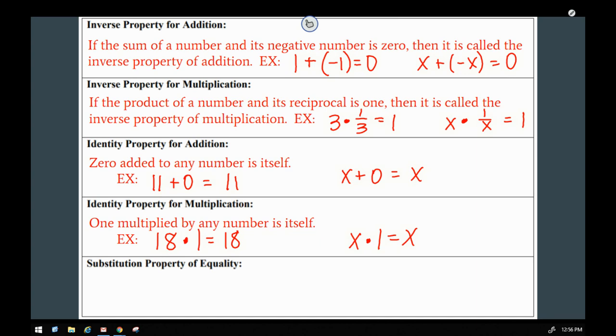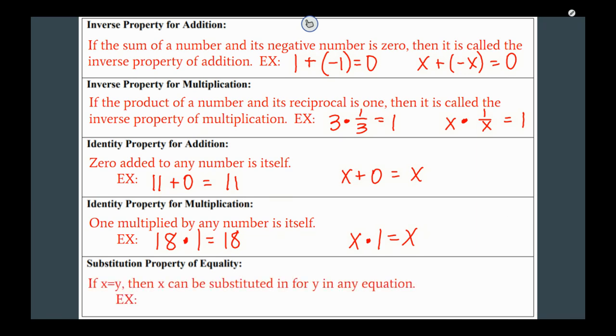And the last one should look familiar, right? I know Ms. Lash has talked about the substitution property of equality. If x equals y, then x can be substituted in for y in any equation.